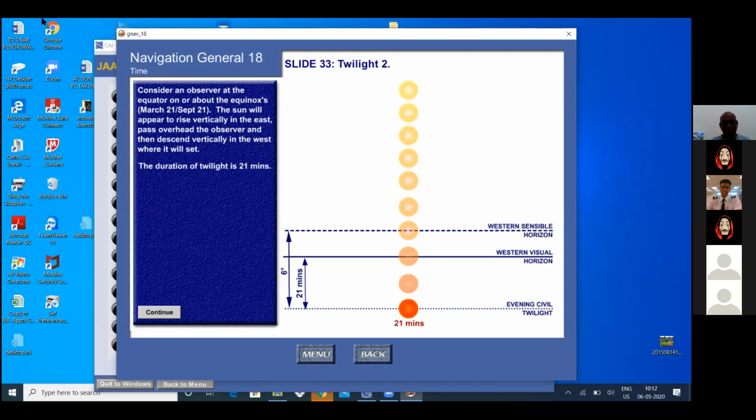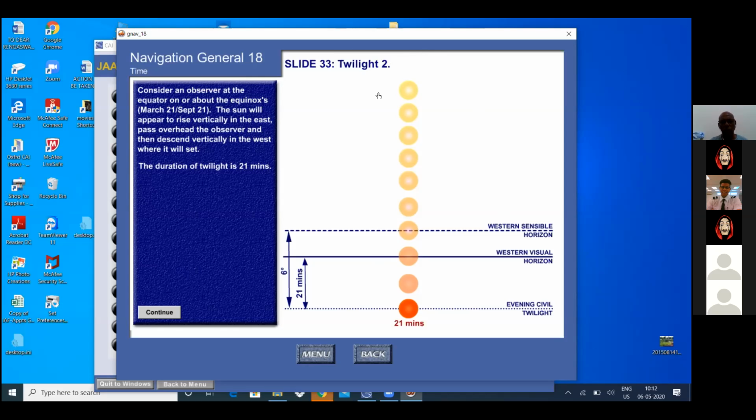If at all, it will be more than 21 minutes. And where will it be more? Depending on the latitude that we are at, if we are on the higher southern or higher northern latitudes. Because we will see, has your slide changed? Is it showing twilight too, Abdul?